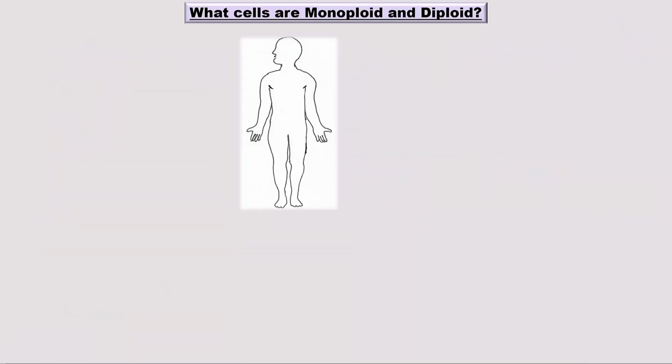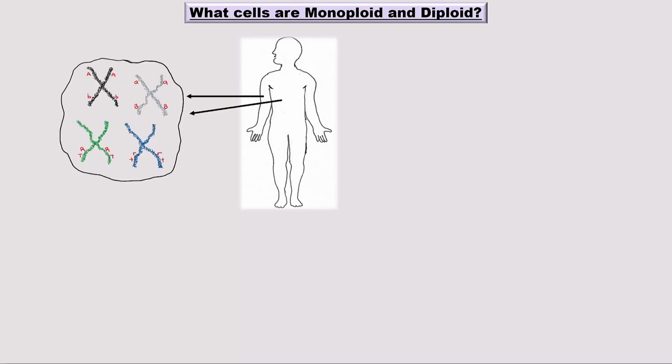So exactly what cells are monoploid and diploid in the human body? Let's grab some cells from your bones, from your muscles, from your ligaments, tendons, intestines, pancreas, liver, heart. This is what they'll look like. Again, we have 46 chromosomes. I can't draw 46. So this is what they would look like in terms of haploid versus monoploid.